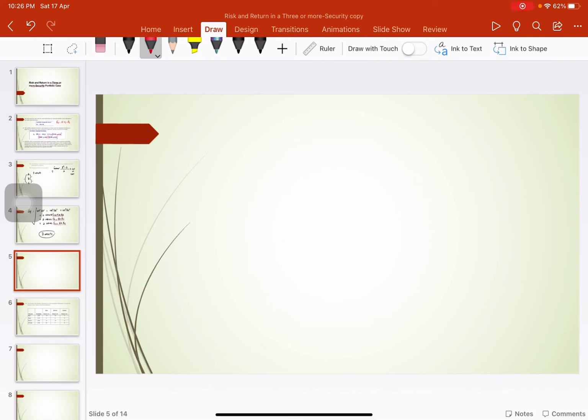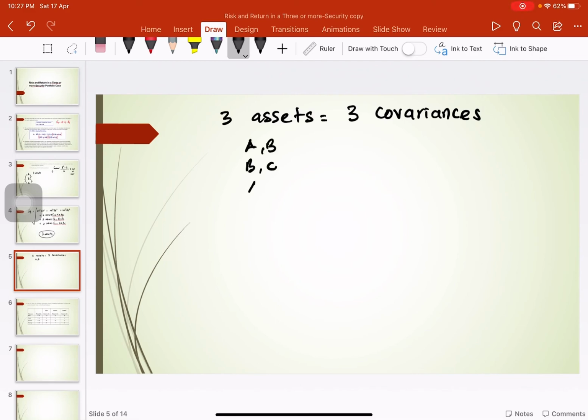Berapa covariance kita nak kena kira? 3 juga. For 3 assets, mesti ada 3 covariances: between A and B, B and C, and A and C.